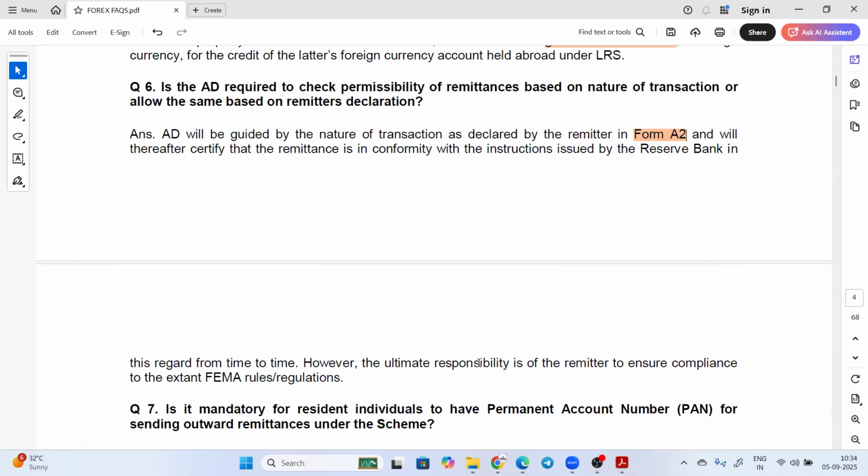However, the ultimate responsibility is of the remitter, to ensure compliance with FEMA rules and regulations. Suppose the banker has skipped something. The ultimate responsibility belongs to the remitter who is sending money abroad.